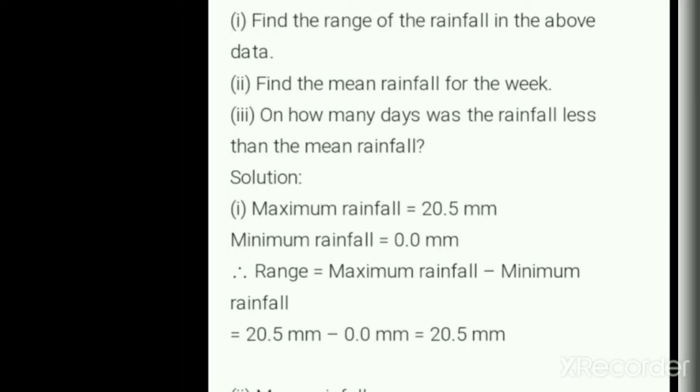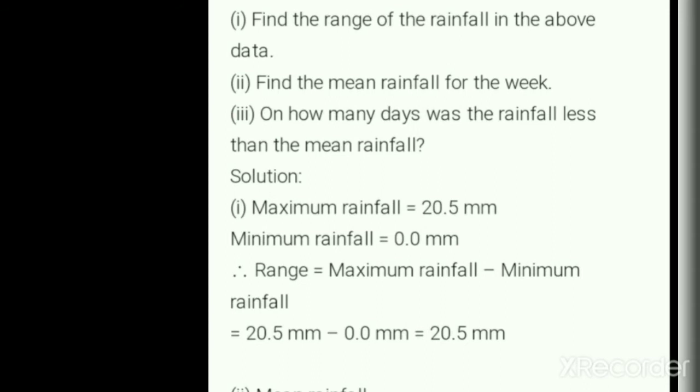First subdivision, we have to find the range of the rainfall. To find the range, first we have to know the maximum rainfall and minimum rainfall. The maximum is 20.5 and the minimum is 0.0. Thursday it is 0.0. So maximum and minimum we have to write first.